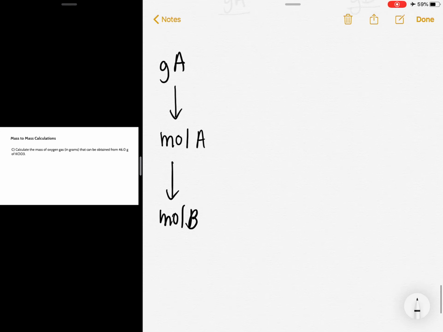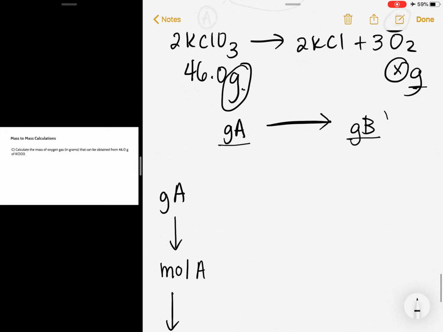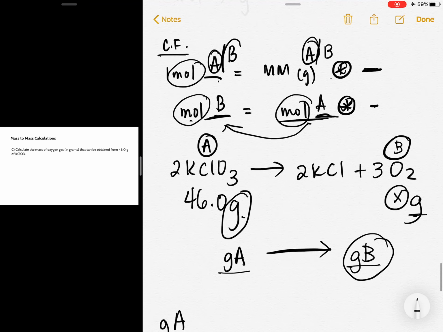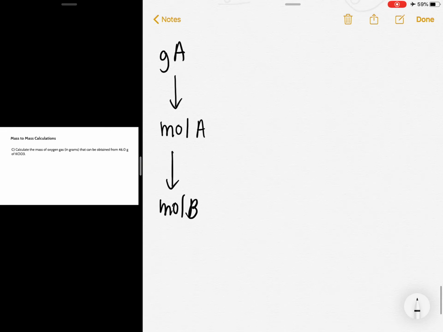Now that you have reached the mole of B, can you now convert it to the gram of B? Yes, because it is now the same compound. You use this conversion factor when you convert the same compound. So mole of B, you can convert this to gram of B.